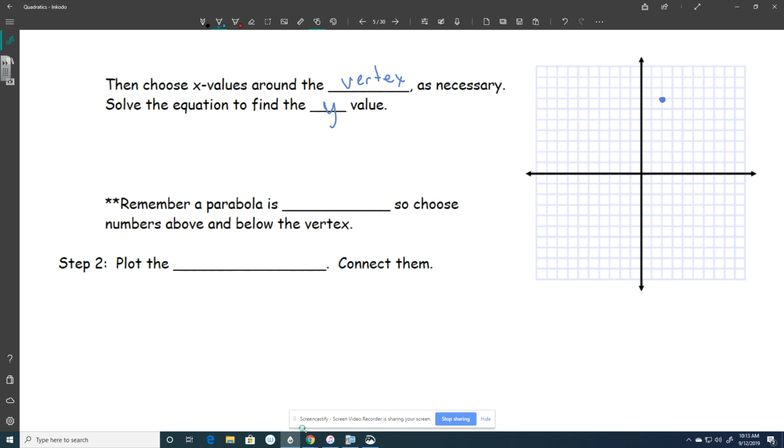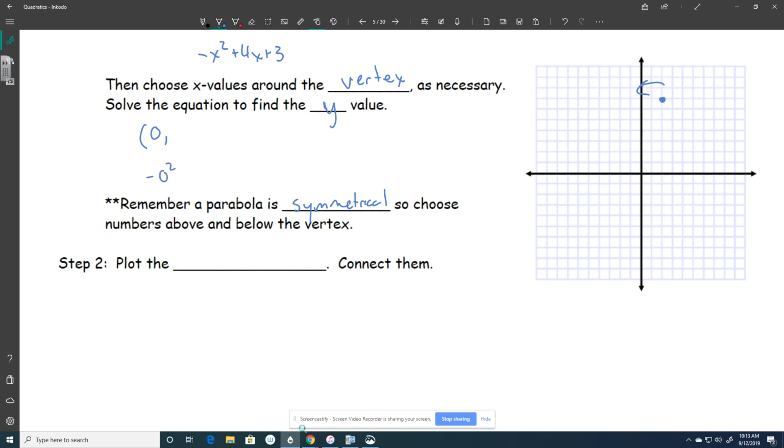In fact, I want to pick 1 to the left and 1 to the right because parabolas are symmetrical around that vertex. So an easy x value to the left right here is going to be x equals 0. So when x equals 0, I want to know what does y equal. So I take my function, -x squared plus 4x plus 3, and I plug 0 into it.